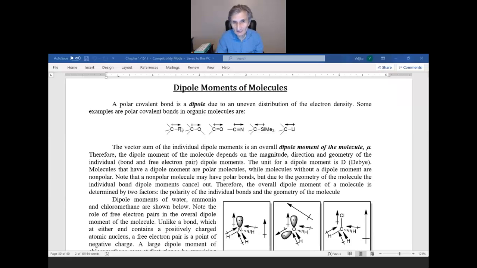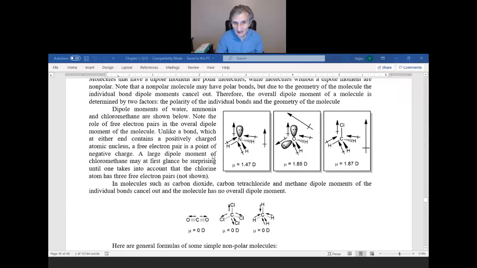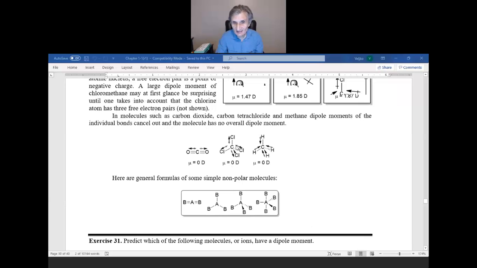So these are, for some bonds, individual vectors, but they must not cancel out. They will cancel out if the species are identical and you have a symmetrical molecule.